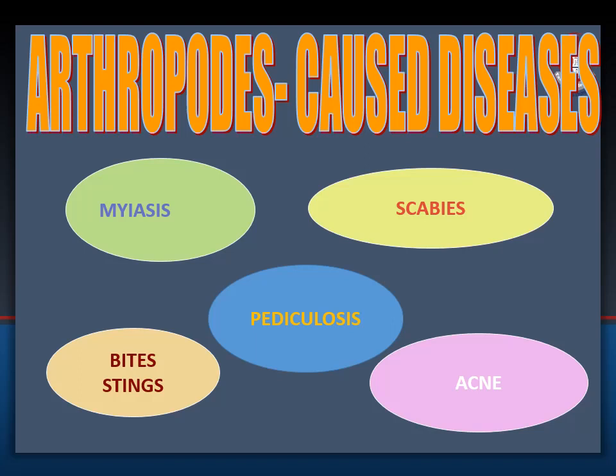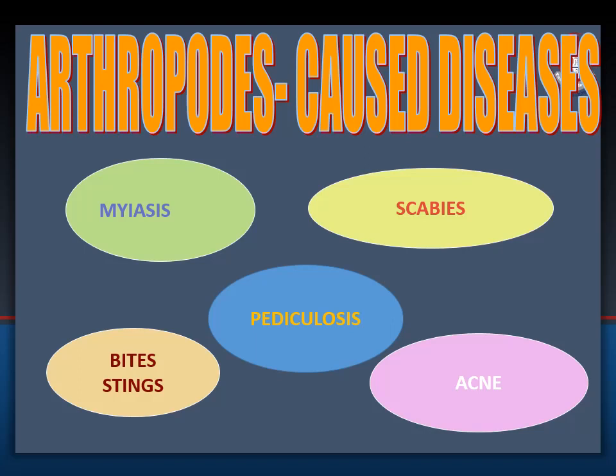Scabies is an itchy condition caused by invasion of human skin by a certain arthropod. Pediculosis is the presence of lice in the scalp, in the clothes, in the genital area, and causing again severe itching. The bites of some arthropods are painful, and they may result in allergic conditions.